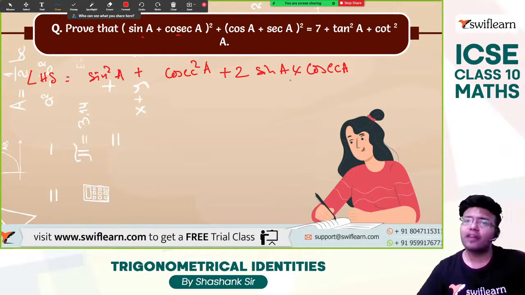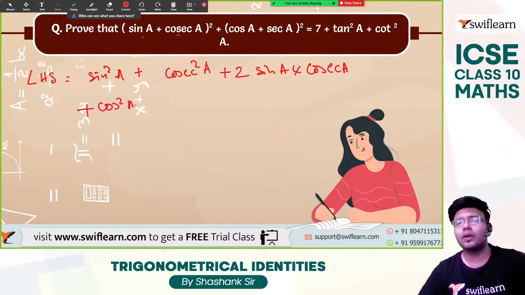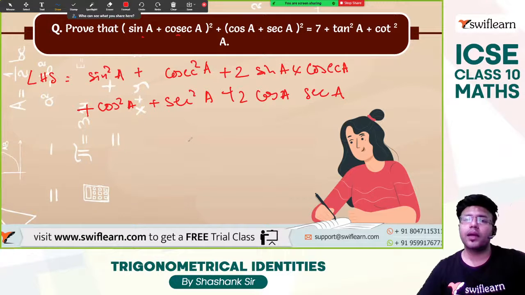We only have plus the same thing: cos square A plus sec square A plus 2 cos A sec A. Now sine A into cosec A.